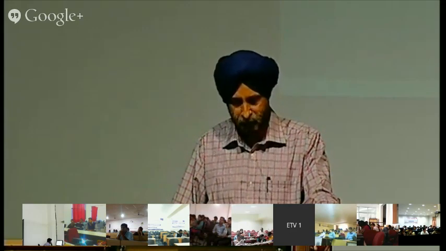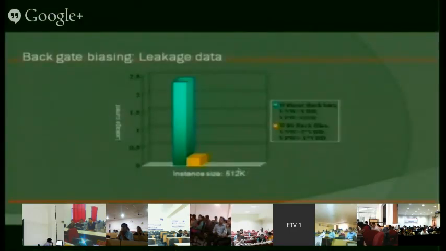This is back gate biasing leakage data. The memory size is 512K. Leakage current is close to 2.5 milliampere here, without back bias, meaning without body bias.